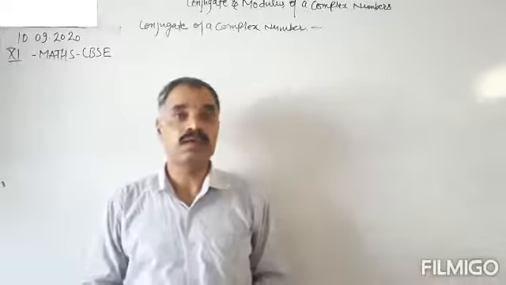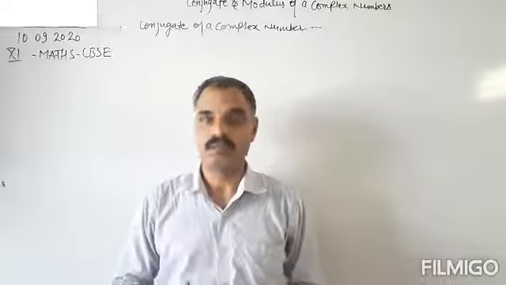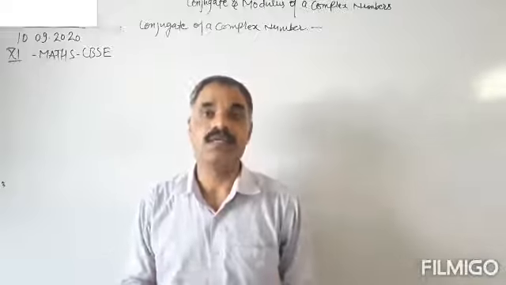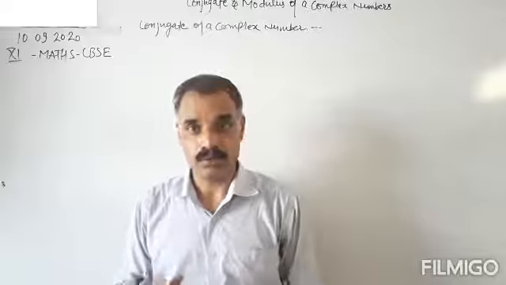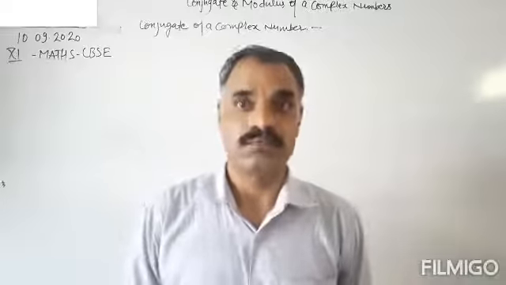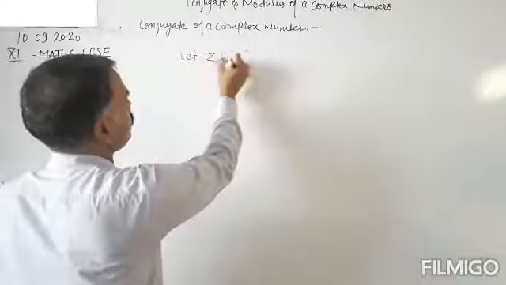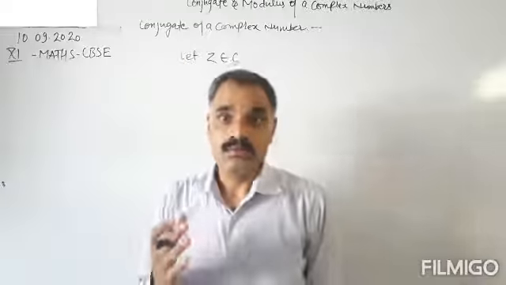Okay, so we will learn what is meant by the conjugate of a complex number. First of all, the definition, the meaning and the representation of the conjugate of a complex number. Let z belong to the set of complex numbers.